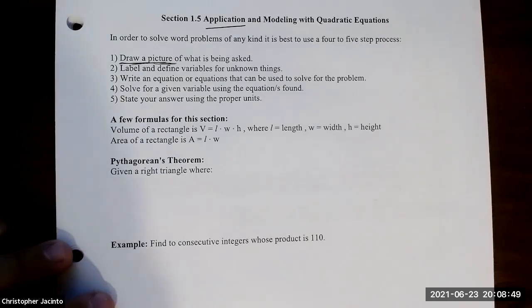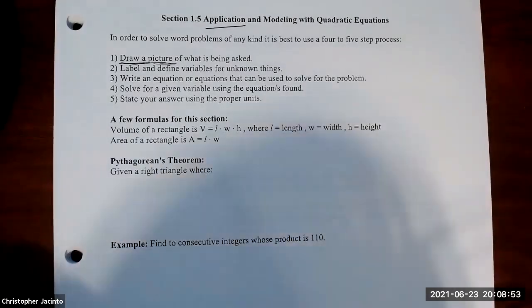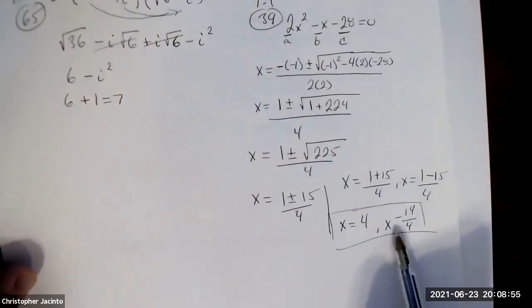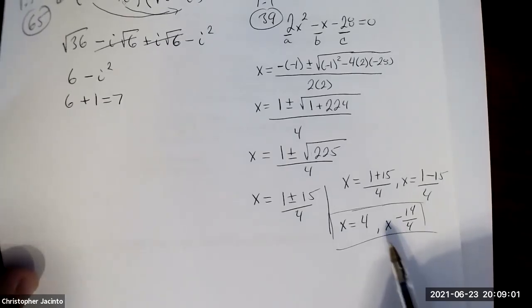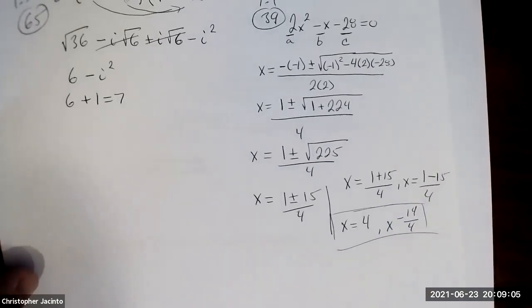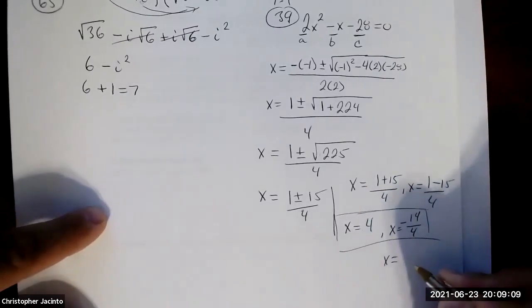The answer for the test would be which one? Were you talking about the simplification one, Jonathan? Is that what you're asking? Yes, I was just curious. Did you want the simplified version all the way down, or are you okay with the answer? They both would be fine. Yeah, so x equals 1 plus or minus 15 over 4 is okay.